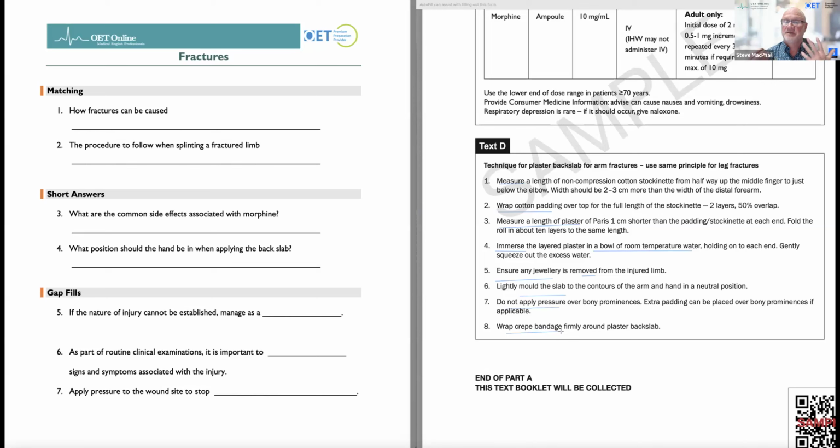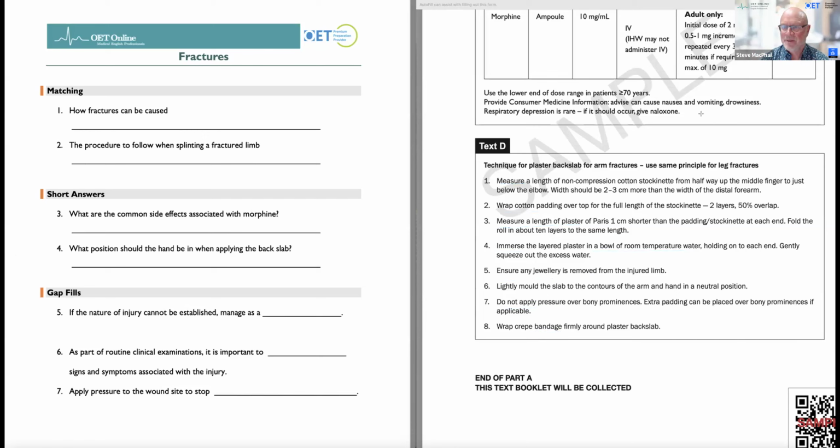That's enough. This is a technique. These are instructions for a back slab. As health professionals, you'll be familiar with this, even if you're not a nurse or doctor. It's a common technique, so you can understand the type of structure.